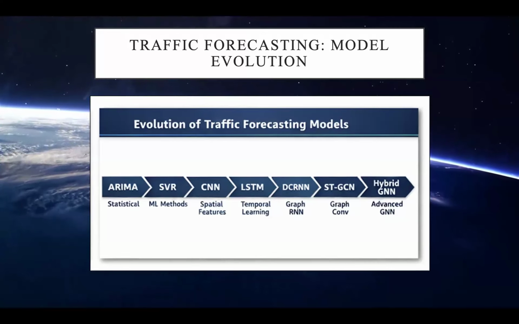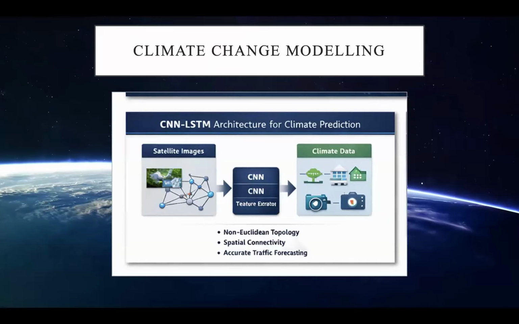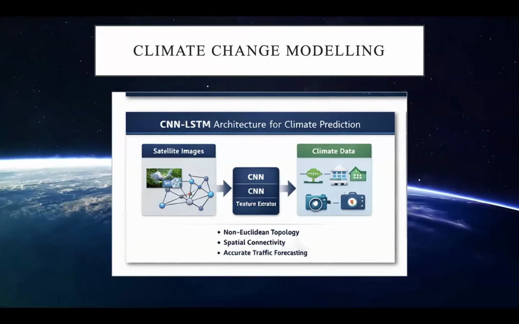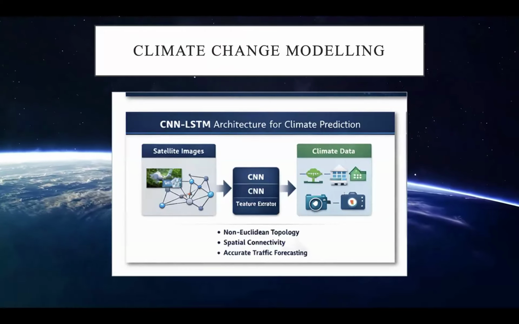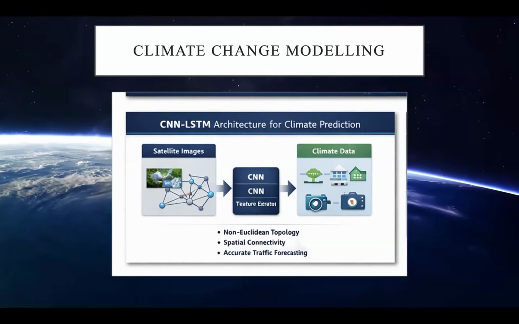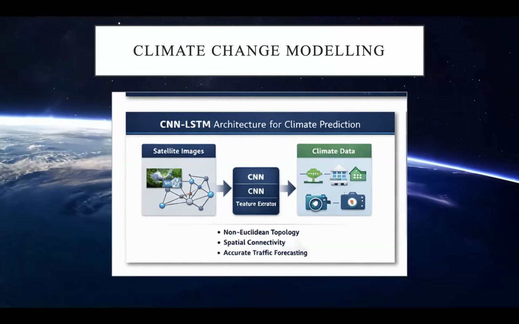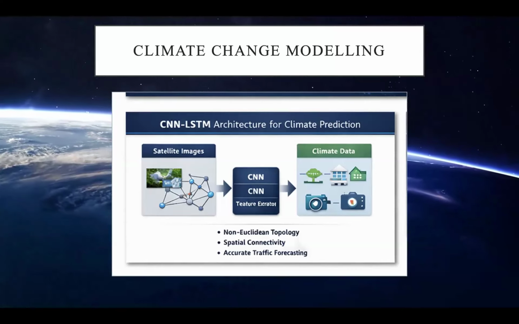Now, climate change modeling. Here the focus is on long-term dependencies, as traffic forecasting is usually about short-term dependencies, but climate modeling involves long-term dependencies, non-linear interactions, and physical consistency.